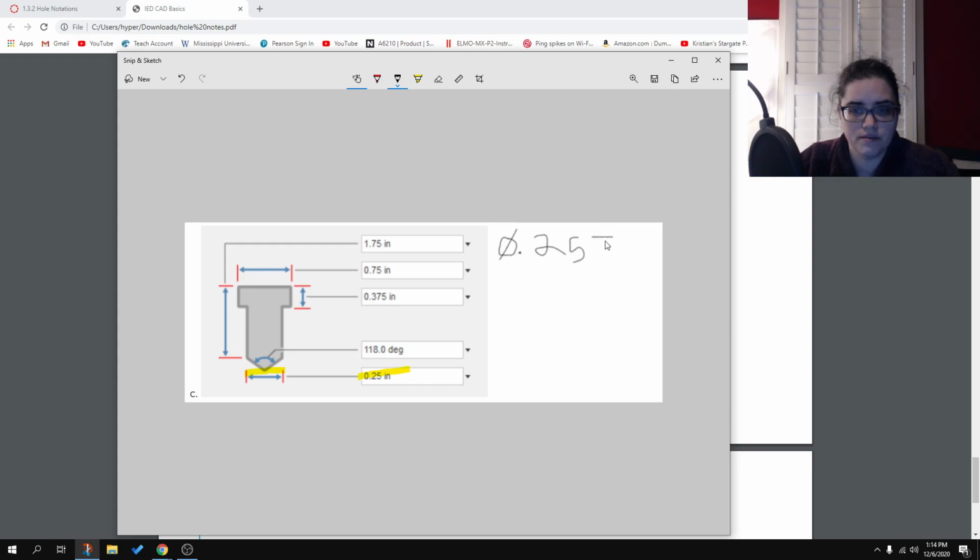I need a depth, because every hole only goes down a certain distance. The depth is all the way from the top to the bottom, again ignoring this little tip at the bottom. So that is 1.75 inches.